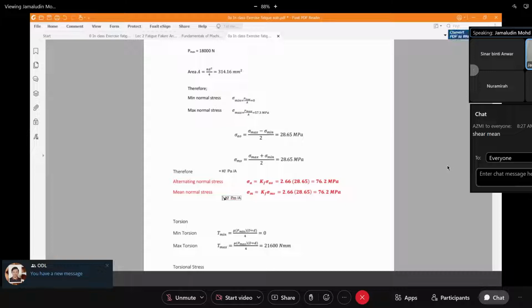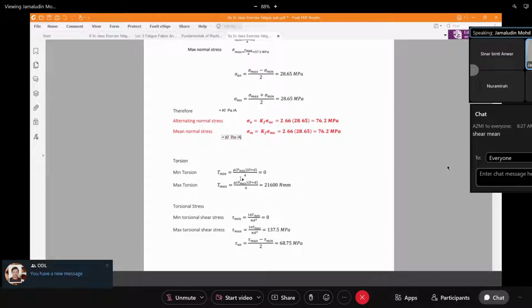You can do it based on P equal to 0 for the mean, and P over maximum, you get P max, and you're looking for the nominal alternating and nominal mean. After that, multiply by KF to get the sigma alternating and sigma mean. For the torsion, you insert the value of P mean equal to 0, P max equal to 9. They get 21,600 Newton millimeter.